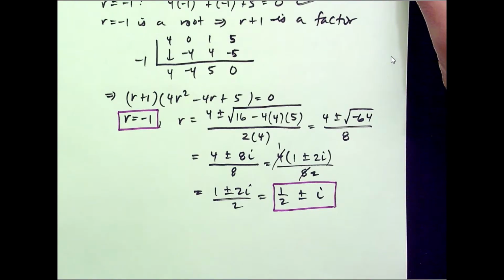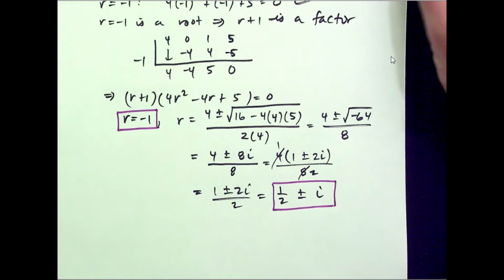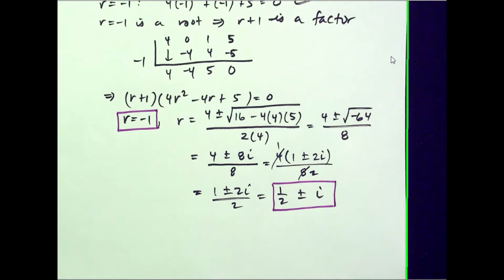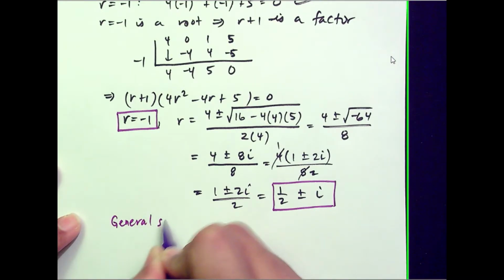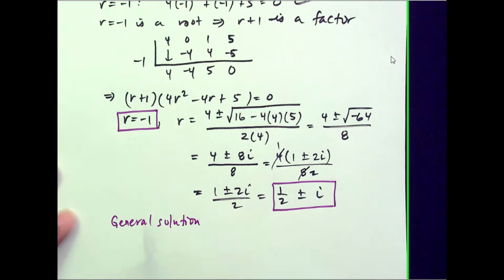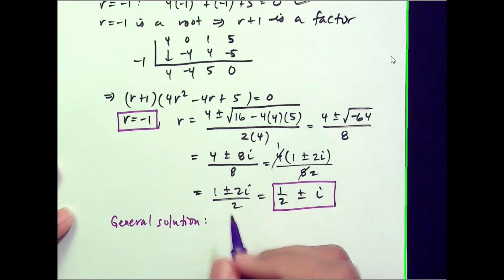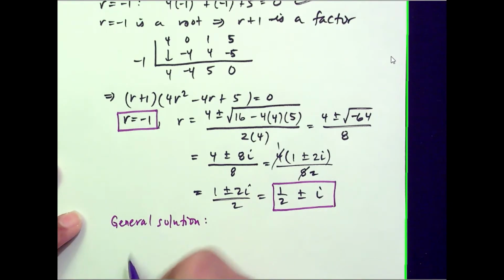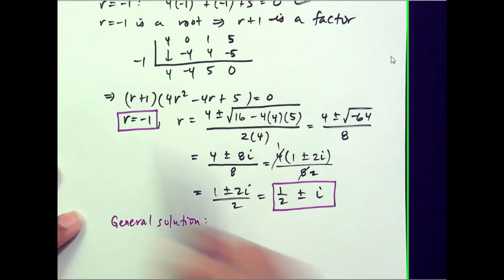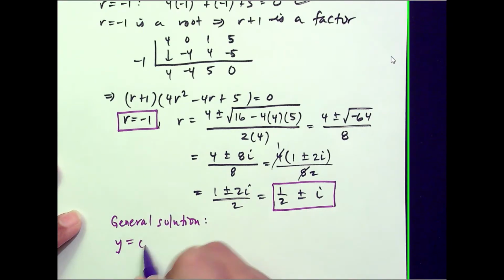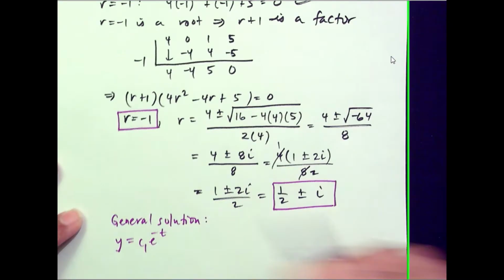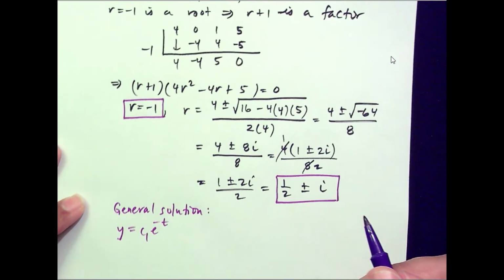Okay. Once you have all the roots, now you can write down the general solution. Well, we have that real root and these complex roots. The general solution is going to be y equals, for this one, I get c1 e to the negative t. Remember that?